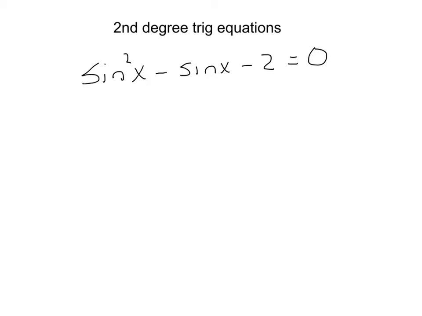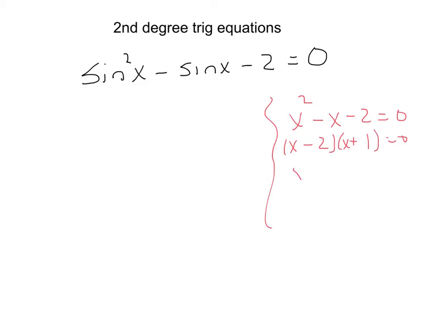But this parallels x squared minus x minus 2 equals 0. So if you know how to factor this, you split up your x. You got factors of 2 that have a difference of 1, and that's negative, that's positive. Then you set each one equal to 0 so that you can find your two values of x, and this is a beautiful thing.